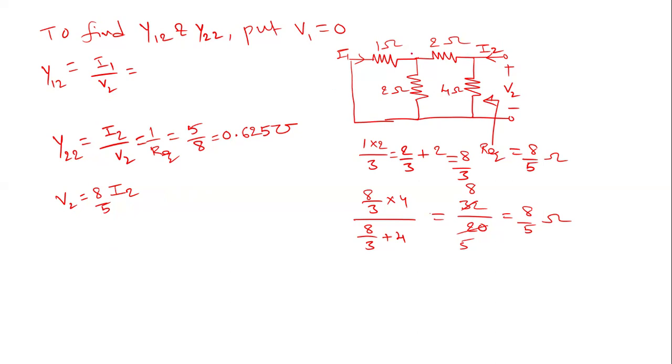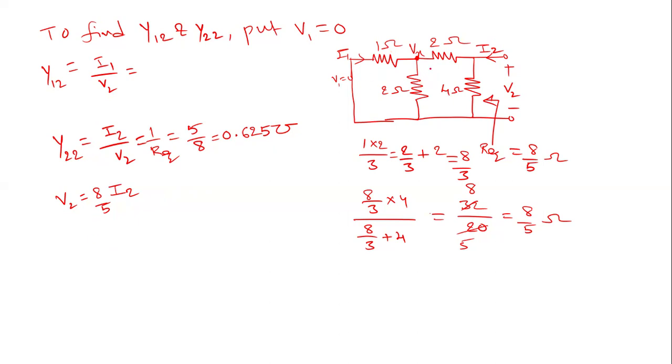Now, to find this unknown node voltage, V1 is 0. Let us consider this as Vx.